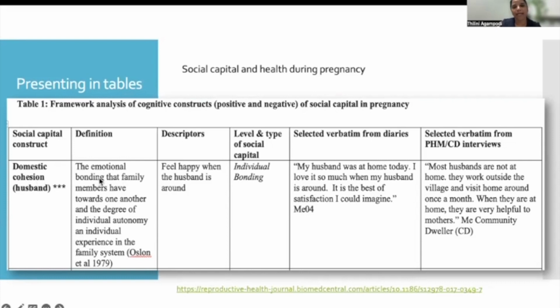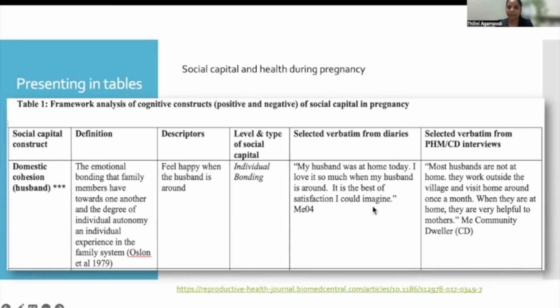If you want, you can define it. Under domestic cohesion, this is the code or the descriptor: feel happy when husband is around. Then you select the verbatim from the diary of the mother and you put it here.